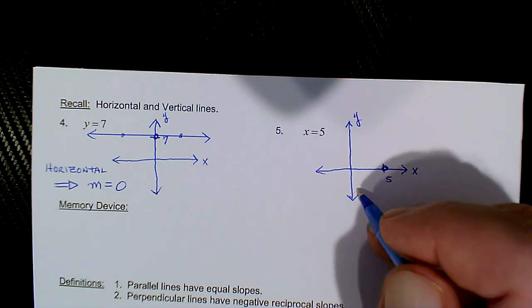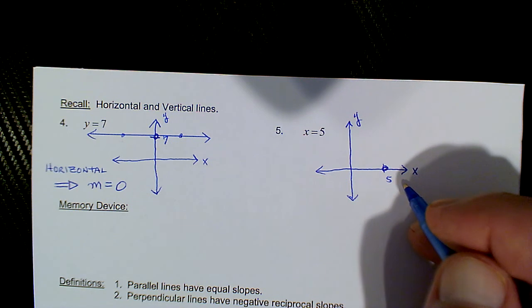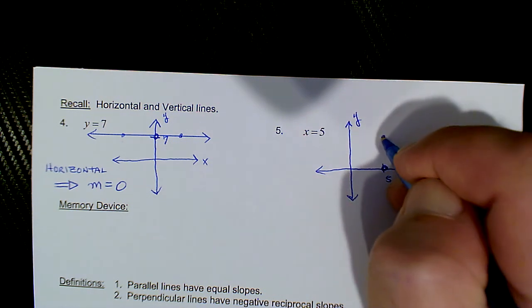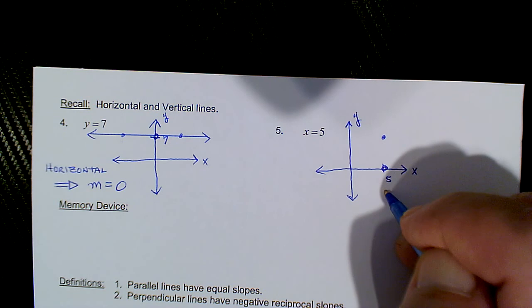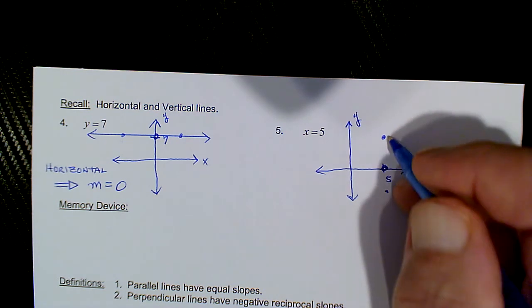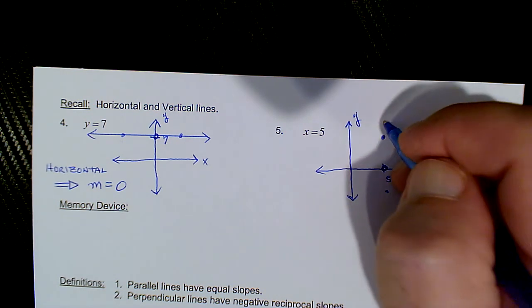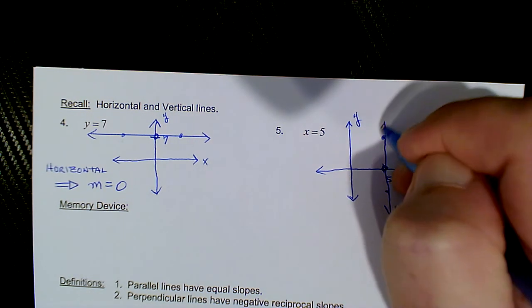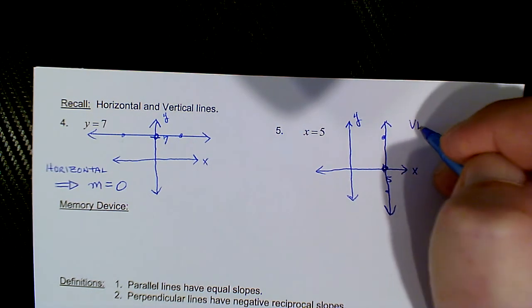But this gives you the characteristics, including the equation of these two special lines. That is, HOY stands for horizontal. That O doesn't stand for the letter O. It stands for the fact that the slope is 0.